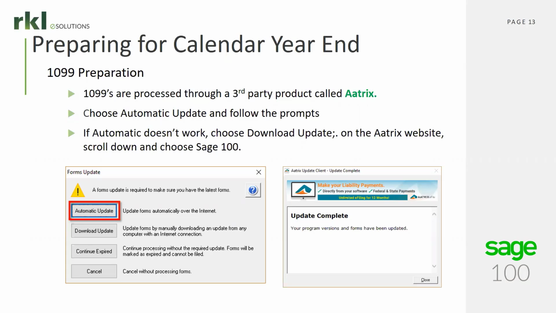You can choose Automatic Update and follow the prompts, and if that doesn't work, you can choose the second option, Download Updates, and you will then see a screen with the Atrix website link. Once you click that, on the Atrix website, scroll down and choose Sage 100. Once the forms have been fully downloaded and installed, you will see a screen that says Update Complete, which you can close, and then the wizard will move on.